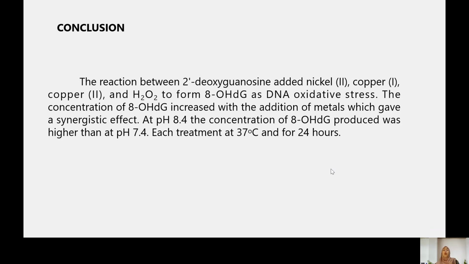The concentration of 8-OHdG increased with the addition of metal, which gives a synergistic effect. At pH 8.4, the concentration of 8-OHdG produced was higher than at pH 7.4, with treatment at 37 degrees Celsius and 24 hours of incubation.